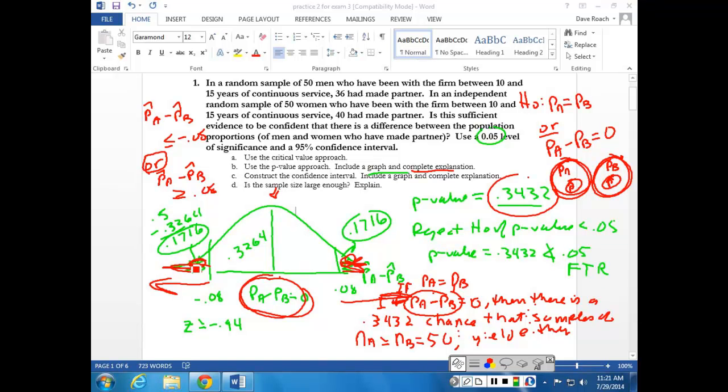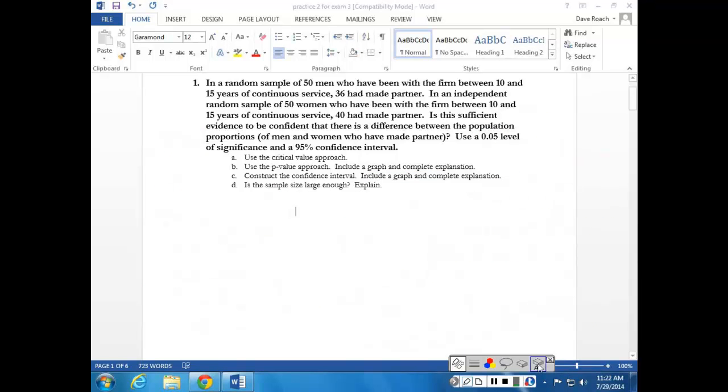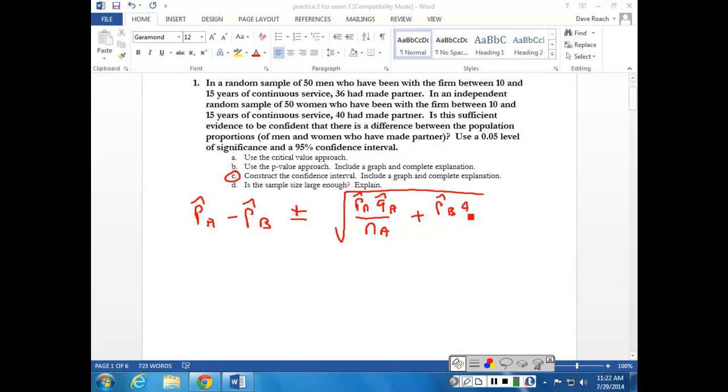I'm going to erase and then do the confidence interval. Okay, so for the confidence interval, this is part C, we're going to have the statistic p hat A minus p hat B plus or minus the standard error, p hat A q hat A over nA plus p hat B q hat B over nB.